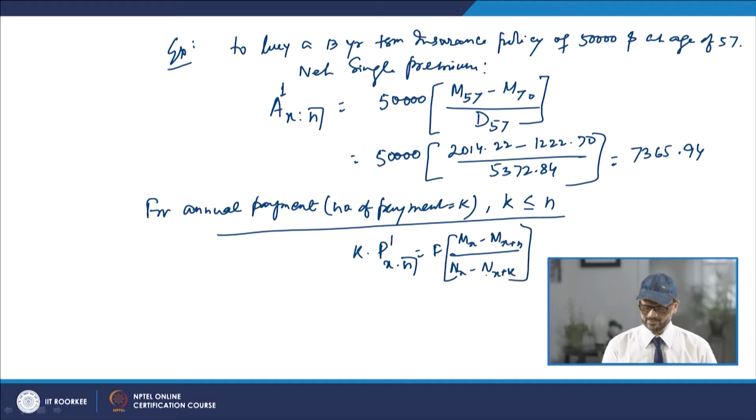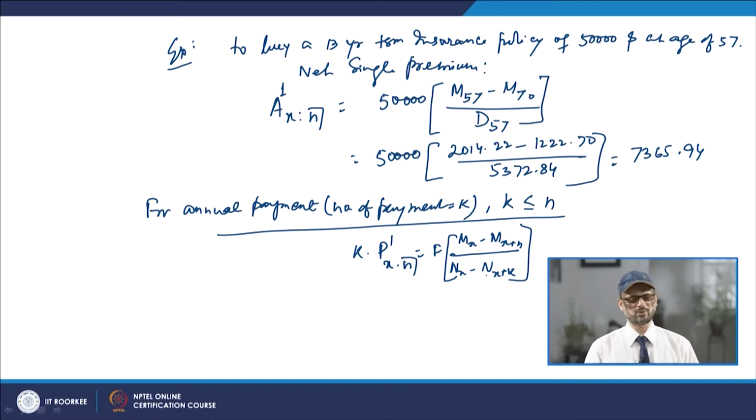These values can be used for annual payment when you have to make only k payments, and the maximum k value can go up to n. So that way you can get the values.